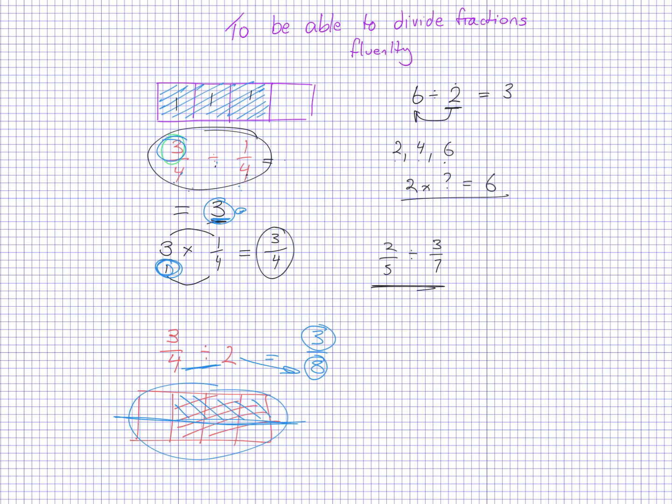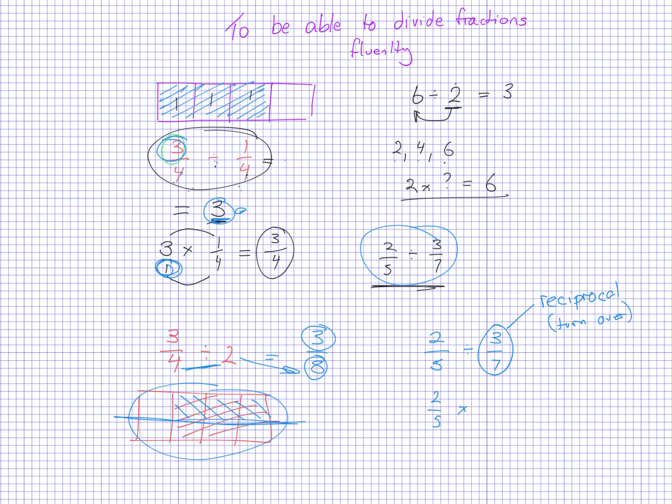So the way to do division of fractions, and I'm going to do this problem here, is we start with the problem originally, then we are going to change the divide sign to a multiply, and we are going to take the reciprocal of the second fraction. Now, reciprocal means turn over.